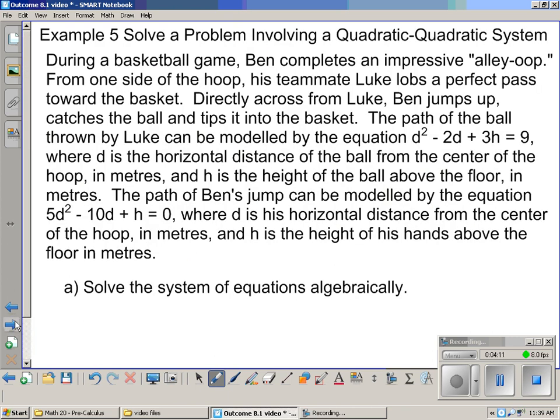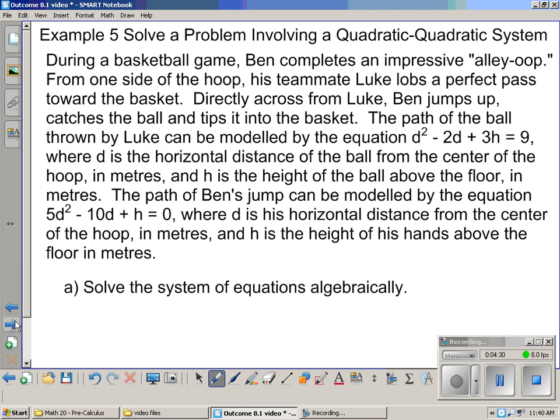Okay, last question is a situational question. It says, during a basketball game, Ben completes an impressive alley-oop. From one side of the hoop, his teammate, Luke, lobs a perfect pass toward the basket. Directly across from Luke, Ben jumps up, catches the ball, and tips it into the basket.